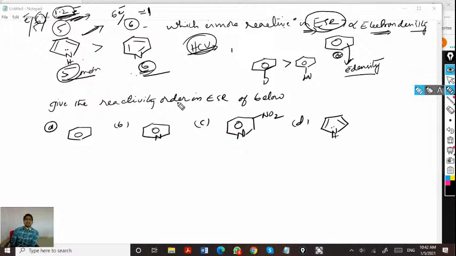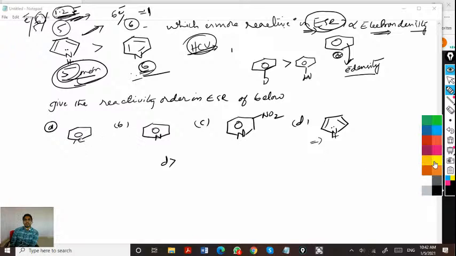Here you need to see first the ring size. So the 5-membered ring will be the most reactive because of more electron density. So D is the highest. Among the others, it is carbon here and nitrogen here, so that is the only variable. Compare first these two.